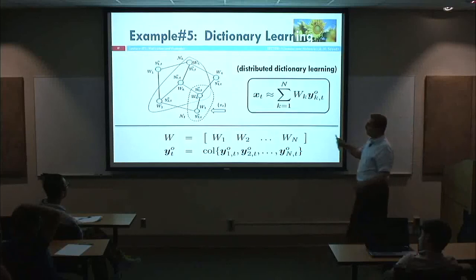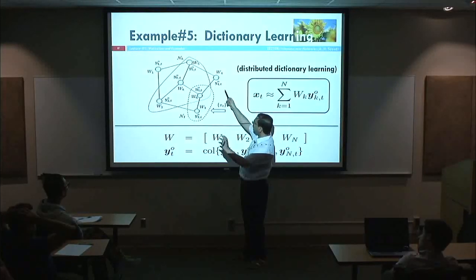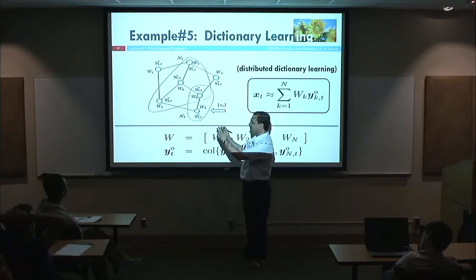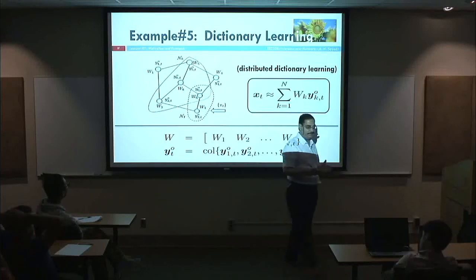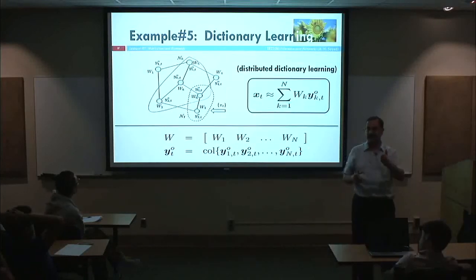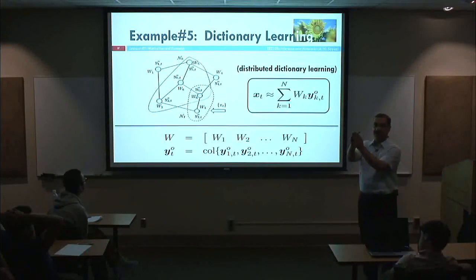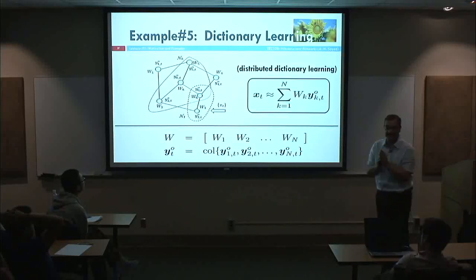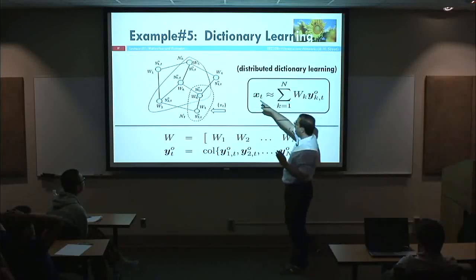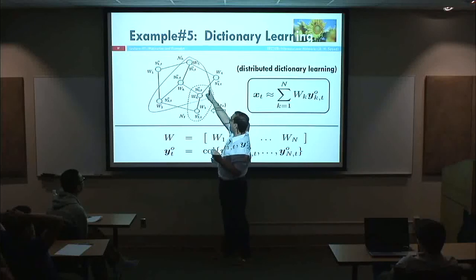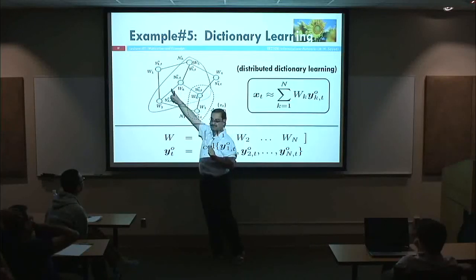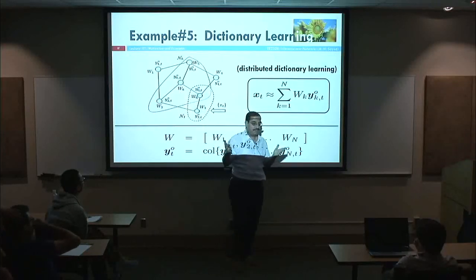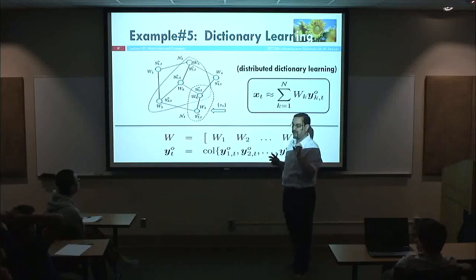For example, I have a situation like this where different agents have access to different parts of your dictionary. For example, if X is an image and you're trying to recognize what image that is or who that person is, different locations may have their own dictionaries, but they don't want to share these dictionaries. So these Ws are local.